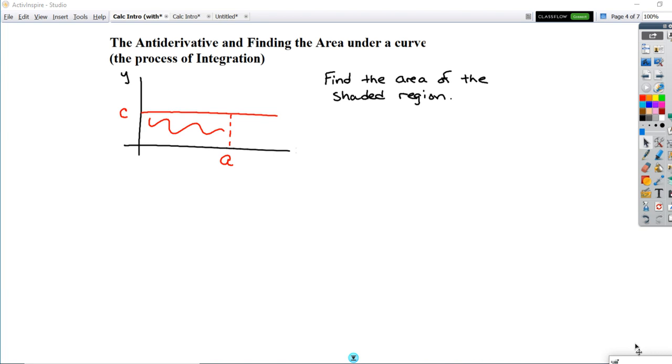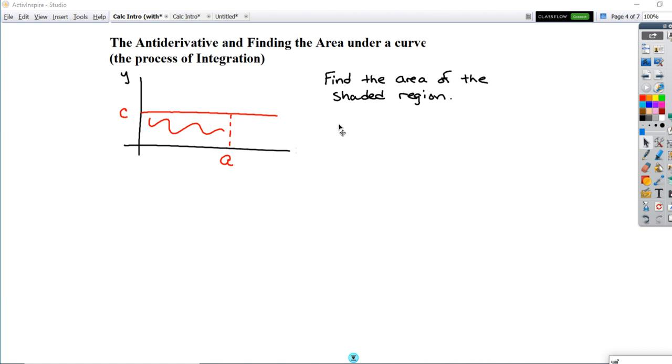So if you took the derivative of something, you would get a function. If you want to go back to the original function, you'll have to integrate or find its antiderivative. But I want to make sure we can link this to the fact that what the integral tells us is the area under a curve.